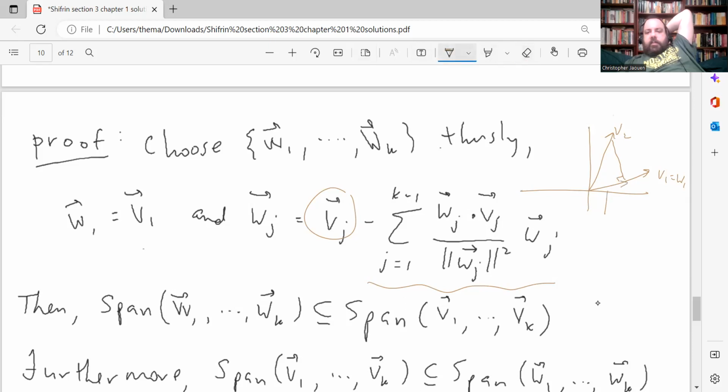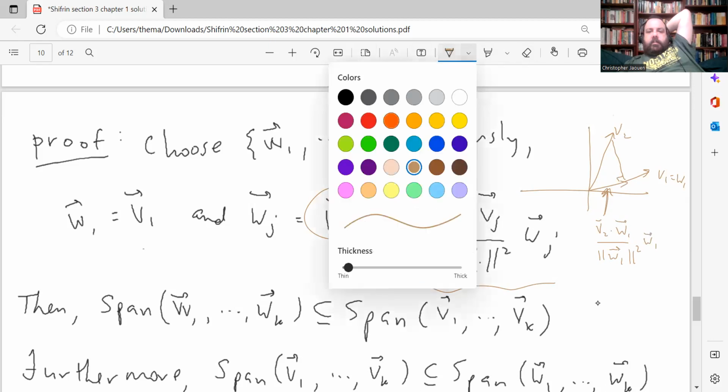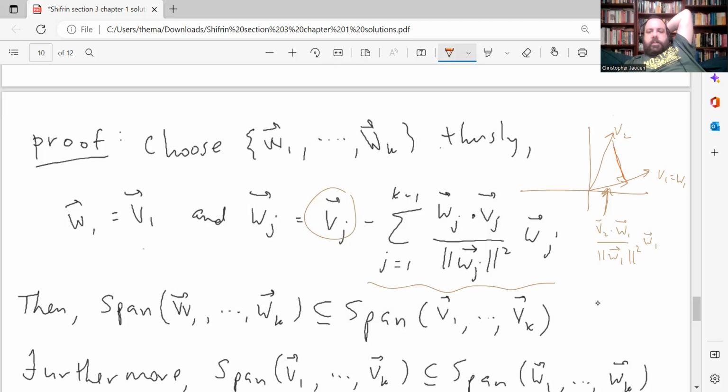This vector here is the projection of v2 onto w1. By the formula we learned in the previous section, it would be v2 dot w1 over the length of w1 squared, times w1. And then to get this vector, you take v2 minus that projection.